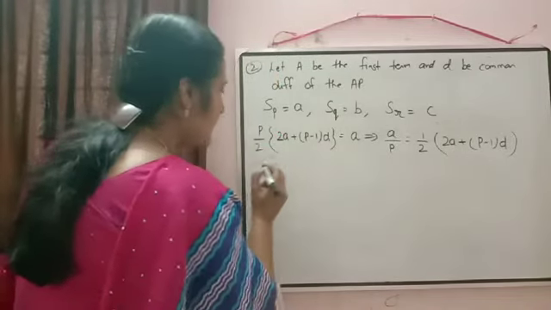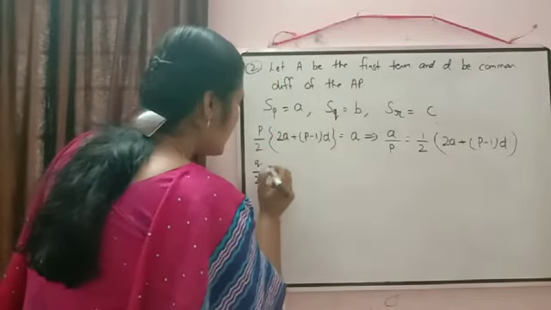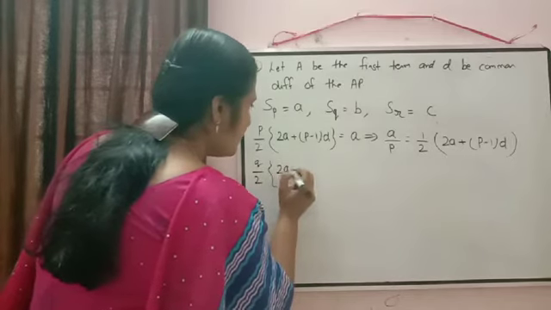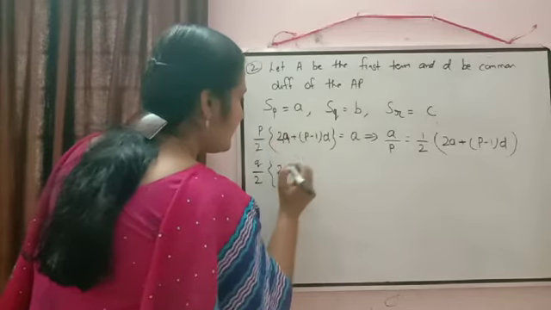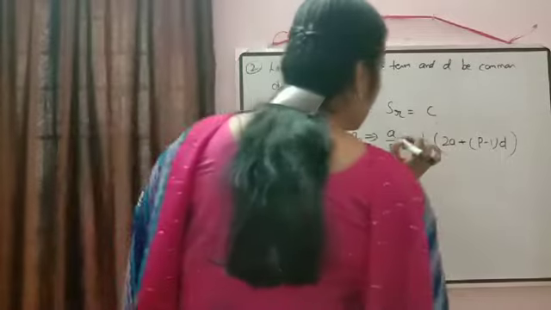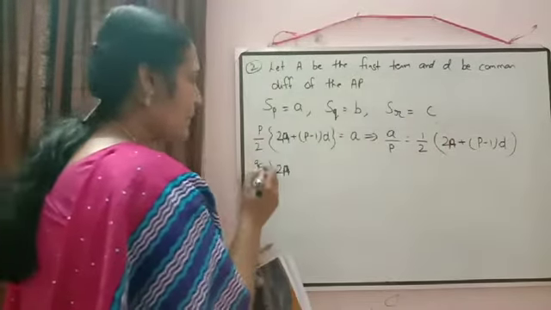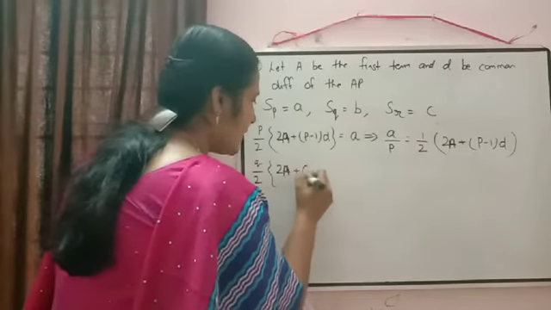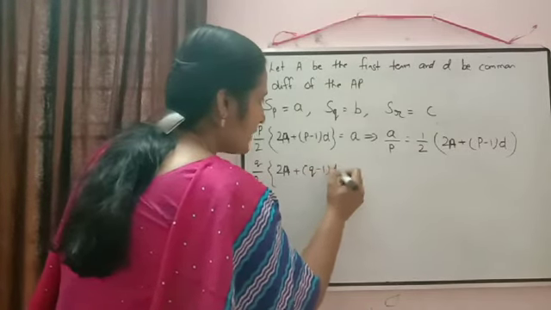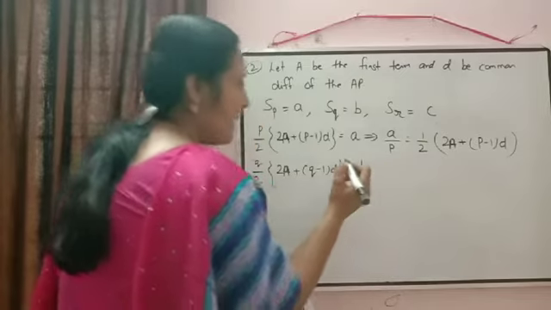Now similarly SQ will be equal to Q by 2 into 2A, just write down here capital letter A because we used capital letter A as the first term of the AP. Now Q by 2 into 2A plus Q minus 1 into D is equal to b is given.